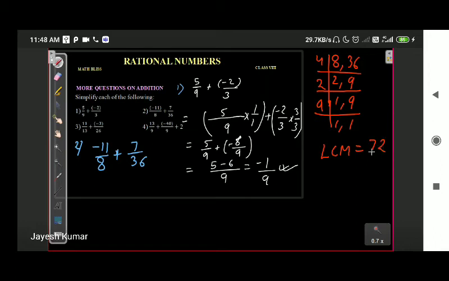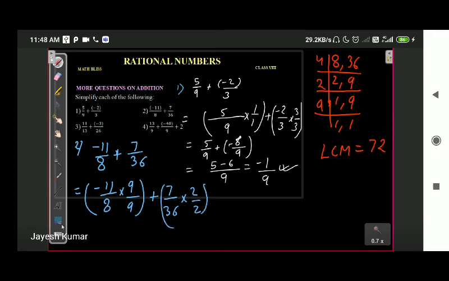Now we have to determine what we should multiply with 8 to get 72 and what we should multiply with 36 to get 72. In case of 8, we multiply numerator and denominator by 9. In case of 36, we multiply numerator and denominator by 2. 36 2s is 72.